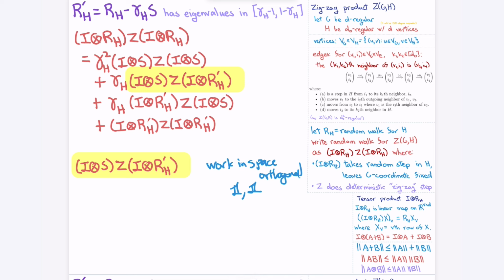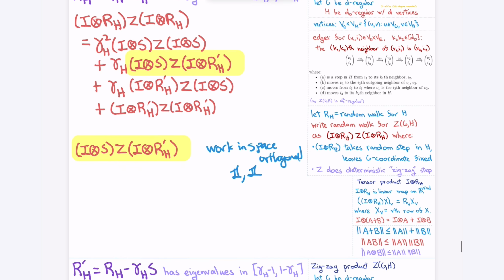So in that space, for all of these random walks, the operator norm looks like their second eigenvalue, because I've effectively ripped out the first one.